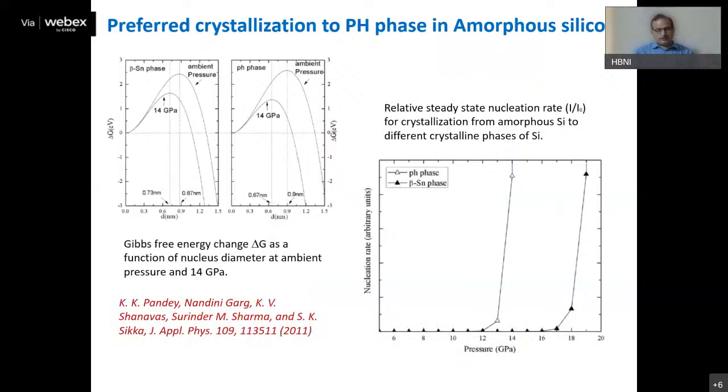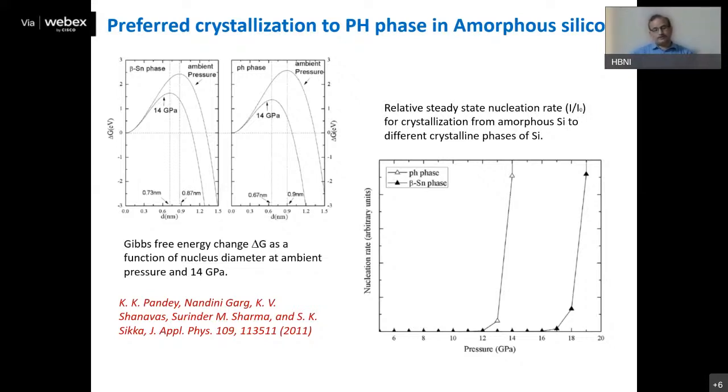Okay. So generally, this reconstructive phase transition mechanism, or this nucleation and growth process, is not used to explain phase transitions under high pressures. But as I mentioned, in case of crystallization, especially where you have a negative Clapeyron slope, by which I mean the liquid phase has higher density than the solid phase, as you increase pressure, the melting point comes down.